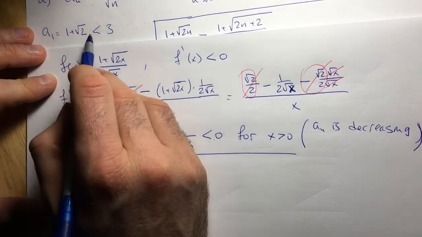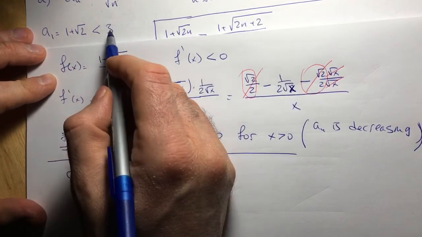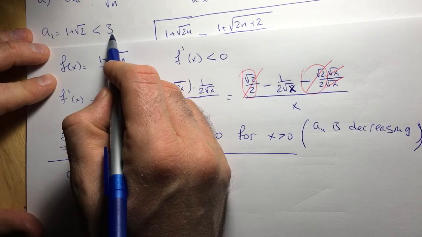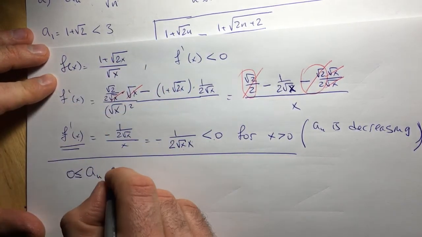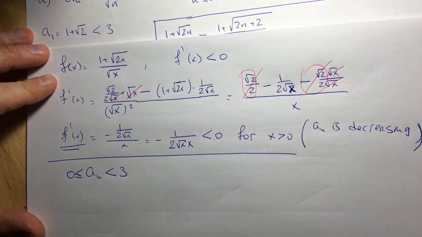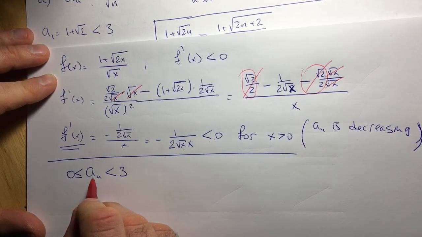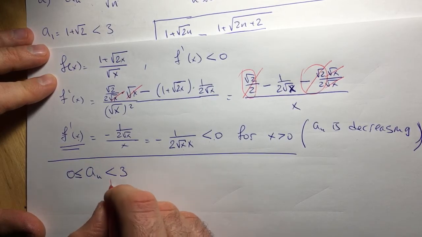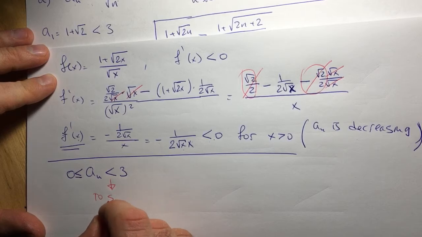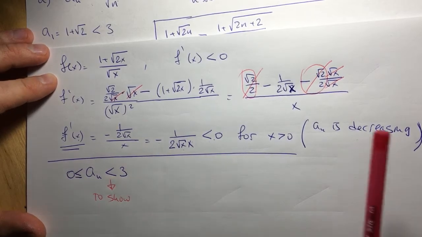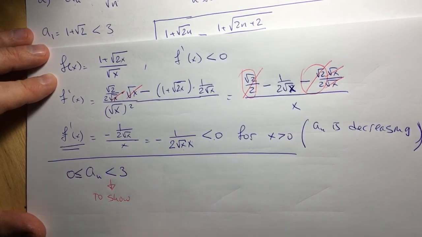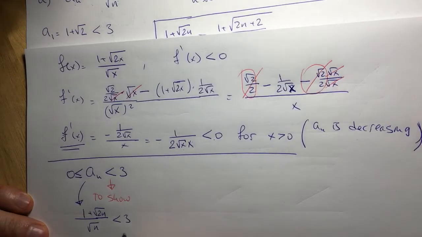So you don't have to show the smallest upper bound. You just have to find an upper bound. So I will show that every element of the sequence a_n is less than 3, which means that you have to prove in a way that this is true. Okay, so I need to show that 1 plus square root of 2n over square root of n is less than 3. Okay, so multiply both sides by square root of n.